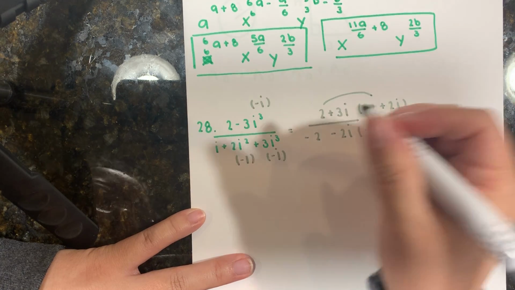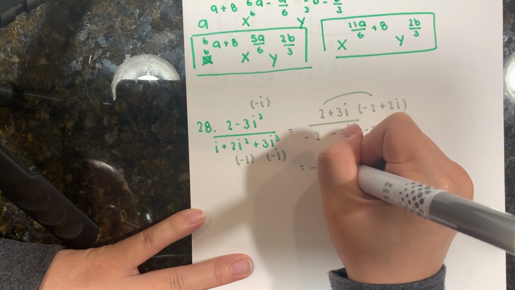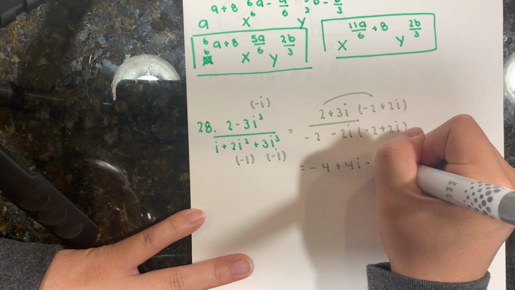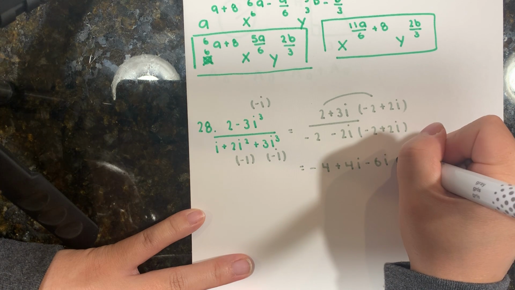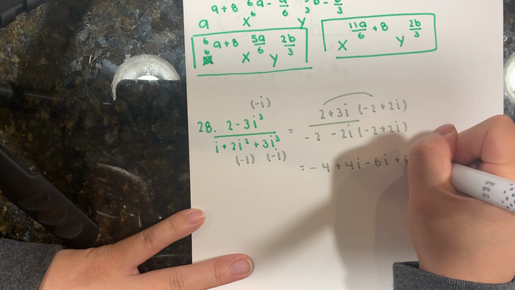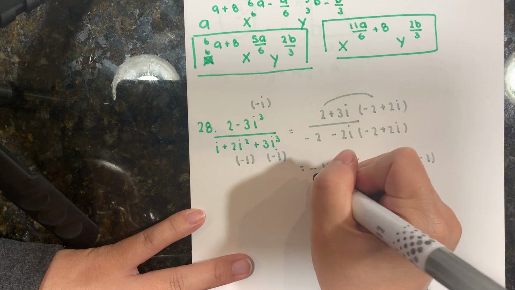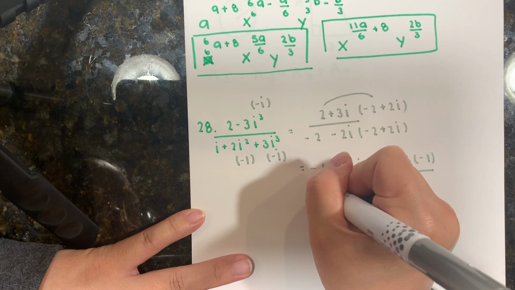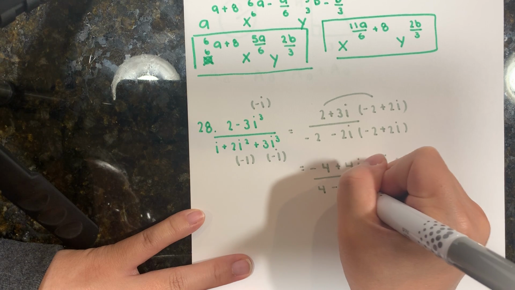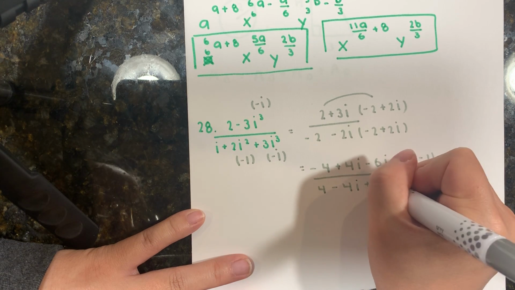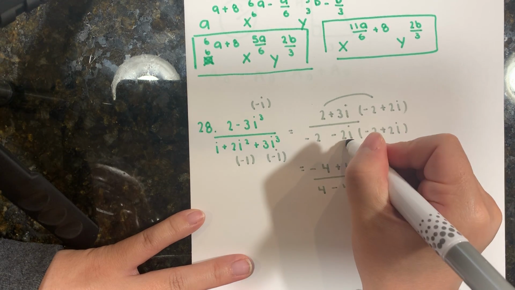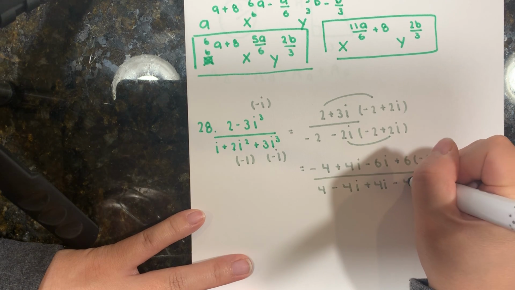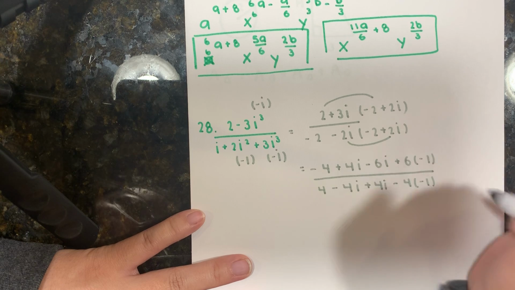I'm going to distribute that, so that's going to be -4 plus 4i minus 6i plus 6 times -1, over -2 times -2 is 4 minus 4i plus 4i. Then -2i times +2i would be -4 times -1.